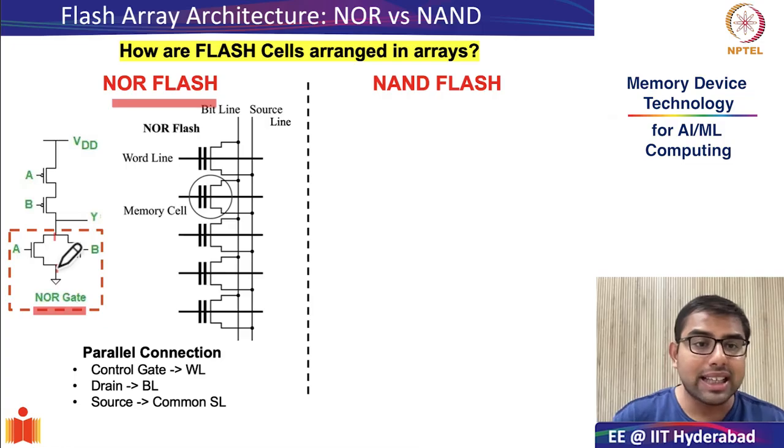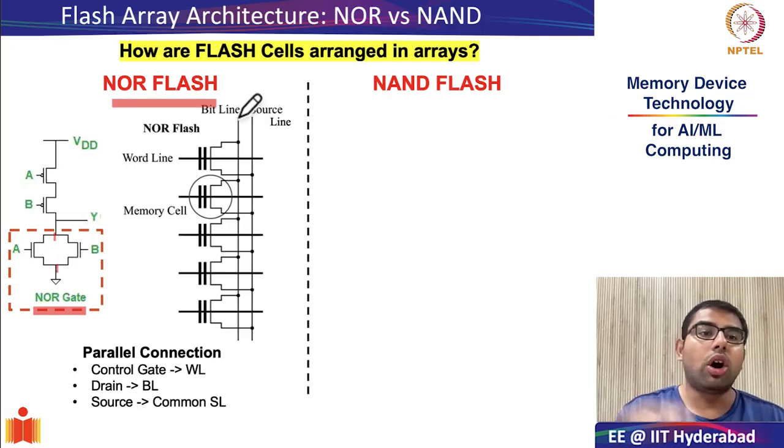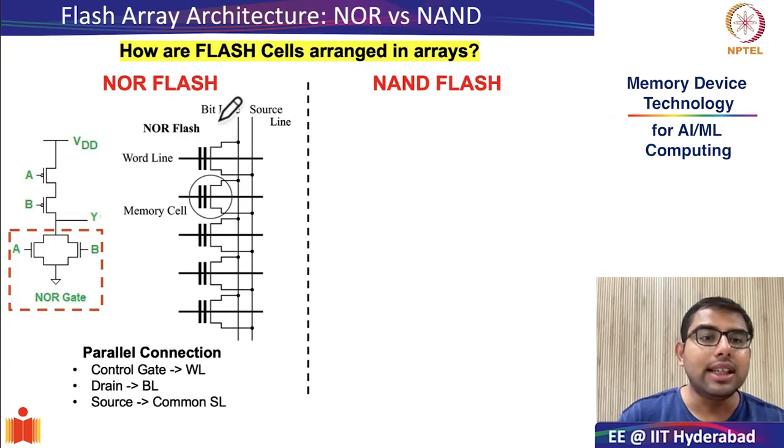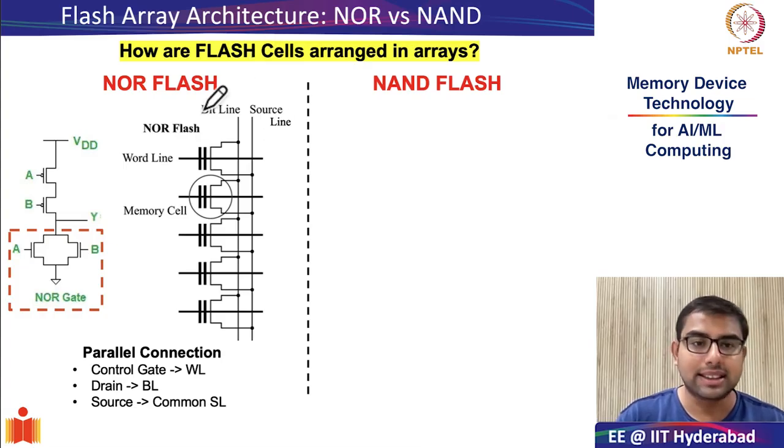What is a string? As I described, a string is an entity or a bunch of flash cells which are connected by the same bit line. You see, the bit line is the same throughout this string of NOR flash cells. So why do you say that NOR flash is connected in parallel?